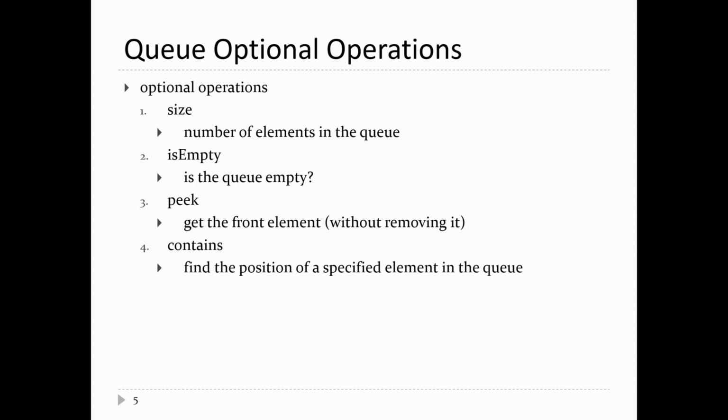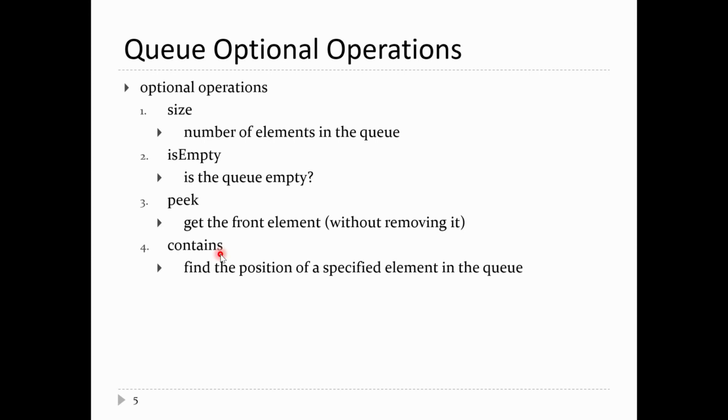If you're going to implement one of these in practice, you would add more operations. It's useful to know how many elements are in the queue, so you might provide a size method. It's useful to know, is the queue empty? So you might provide an isEmpty method. Some queues let you look at the first element without taking it out. So peek lets you get the front element, but it leaves the front element in the queue.